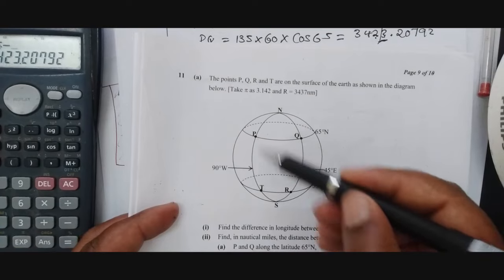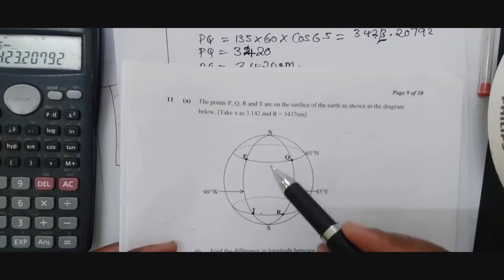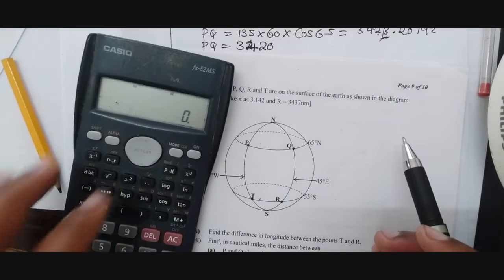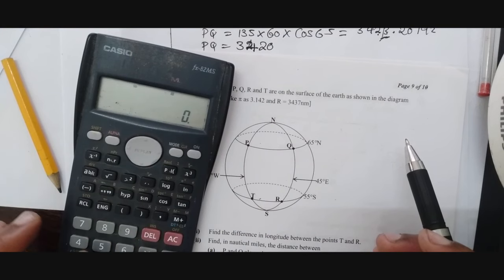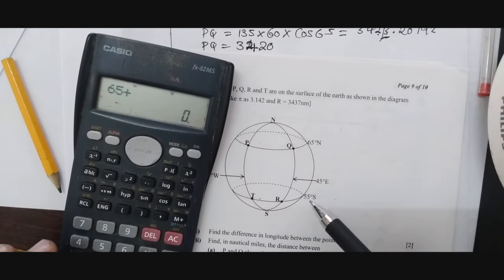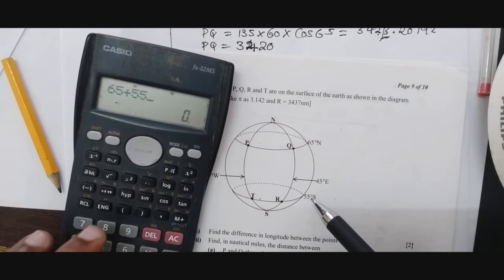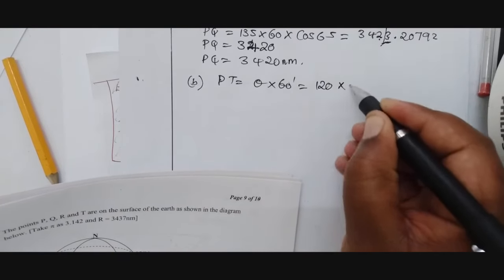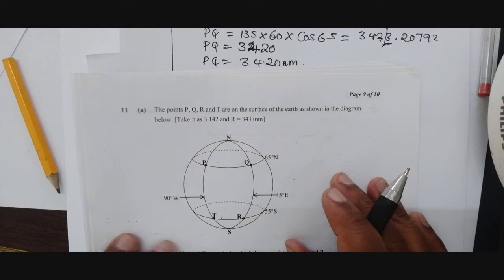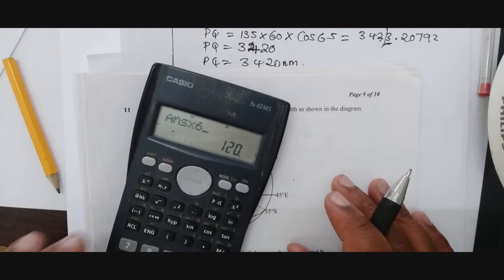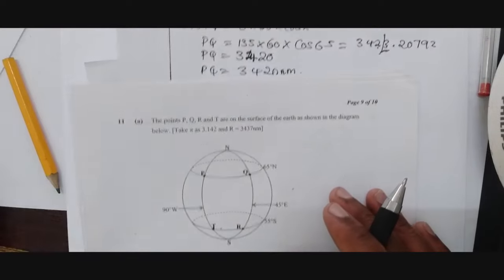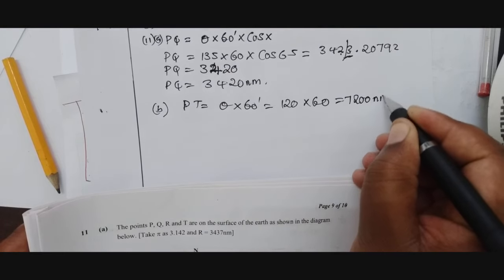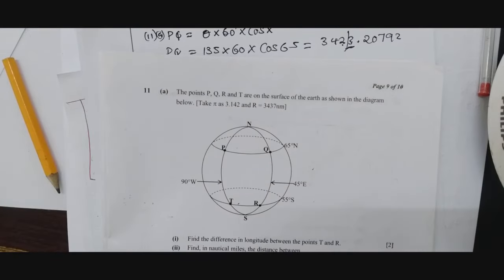Now, if I'm dealing with PT here, our theta is the difference in latitudes. Alright, there's 65 here and 55. So you say 65 plus this latitude, that is 55. You get your 120. Alright, so you're going to say 120 by 60. What do you get? 7,200. That is your answer here. 7,200 nautical miles.